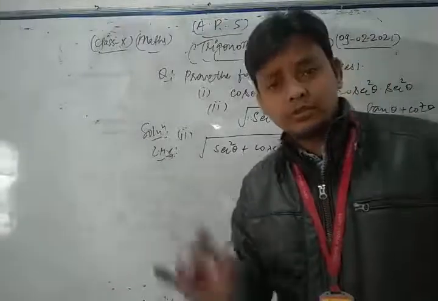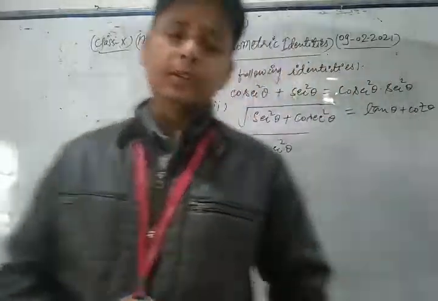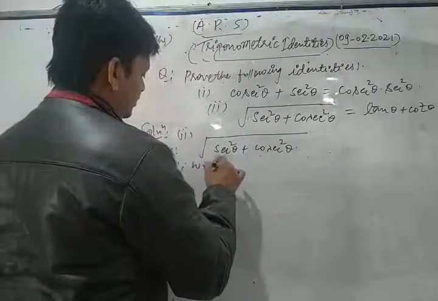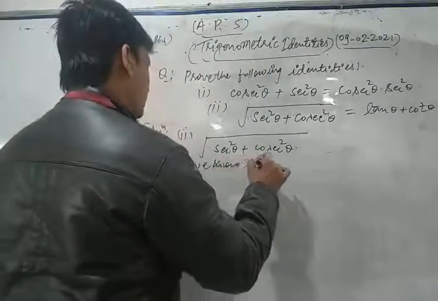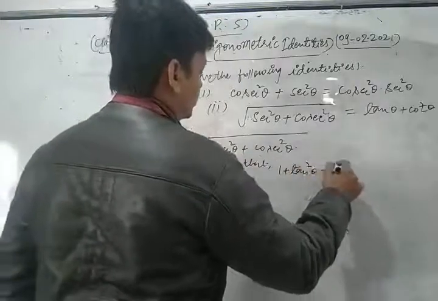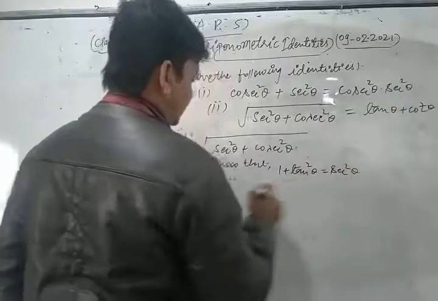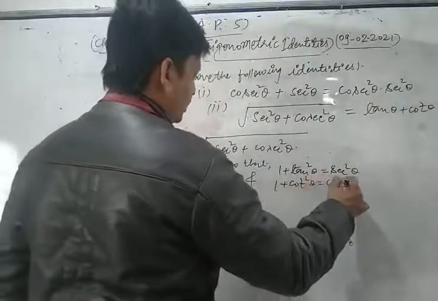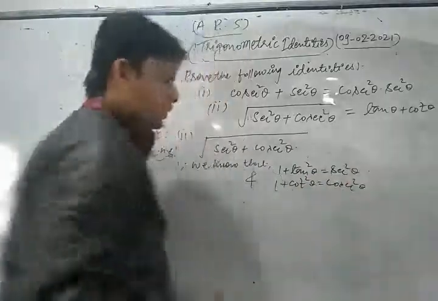And dear students, we know the identities: 1 plus tan square theta is equal to sec square theta, and 1 plus cot square theta is equal to cosec square theta.